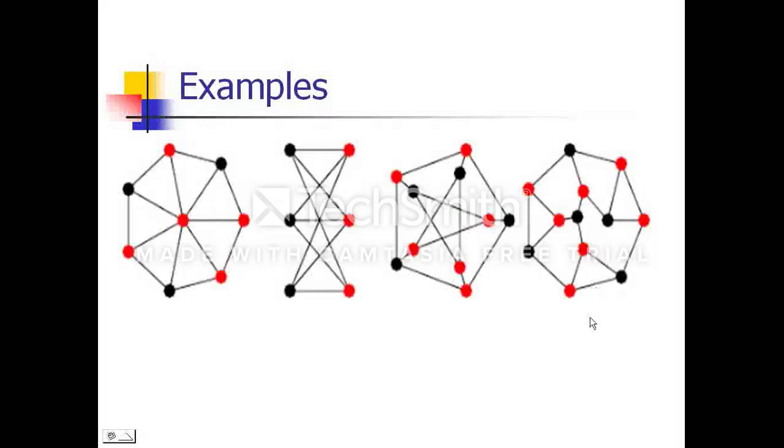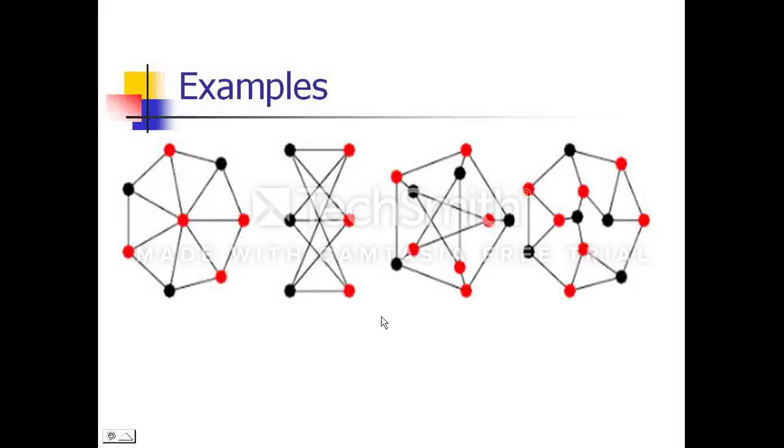Here are a few examples displayed on the screen. Here you can see graphs with red nodes. The red nodes indicate the vertex cover of the given graph. Suppose you look at the first graph. Here a total of 8 vertices are present in the graph, and the red ones, a total of 5 vertices, are present in the vertex cover.